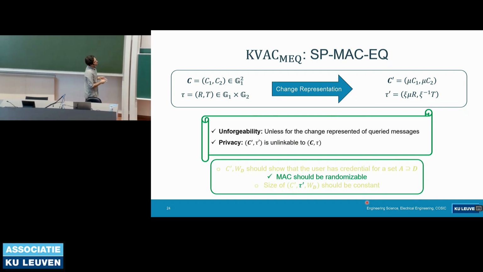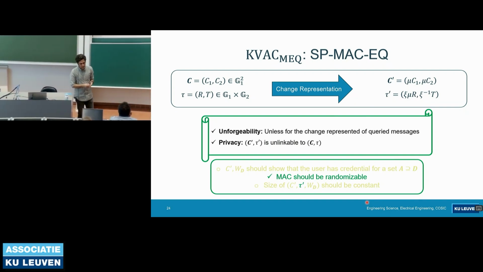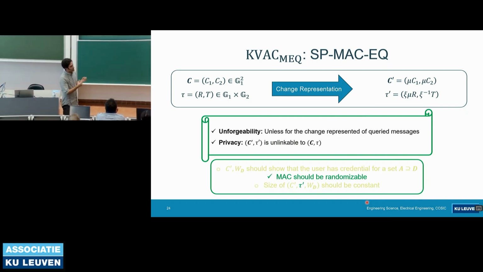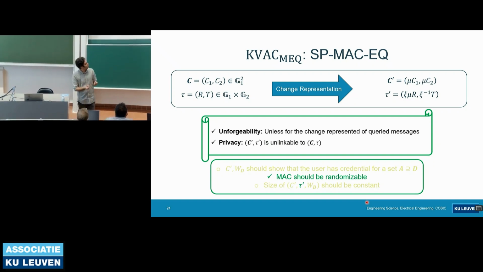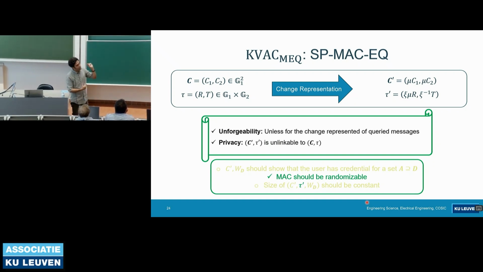The other thing that is cool about SPMAC EQ is that you can randomize both message and tag in this way. For example, if you have the message C1, C2, and the tag is R and T, which are in group 1 cross group 2, we have an algorithm which we call change representation. In change representation, we use a randomness mu to multiply both elements of the message by that randomness.